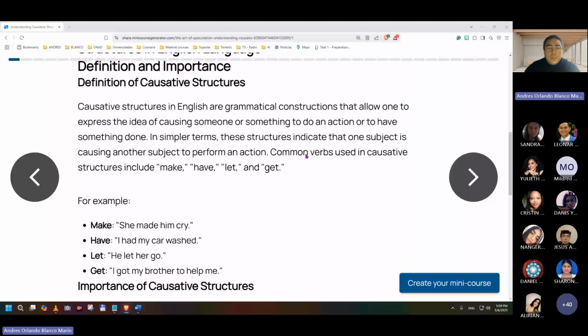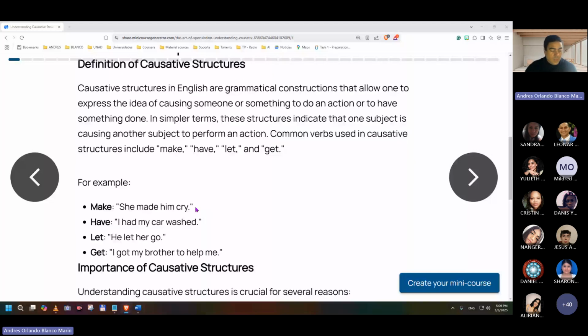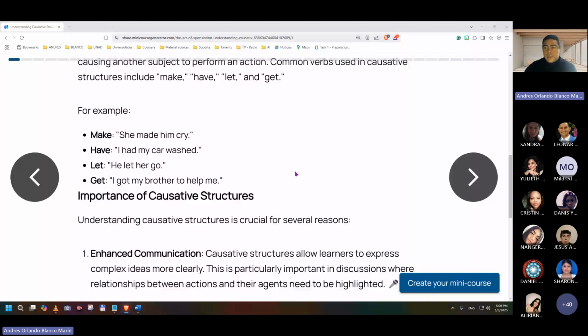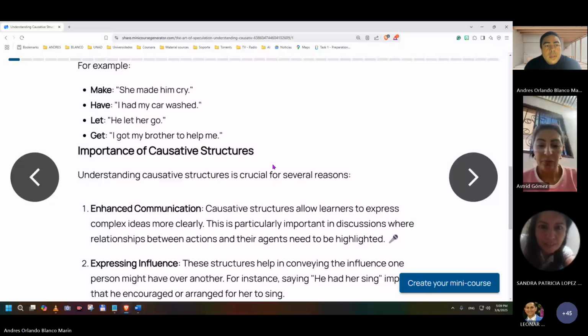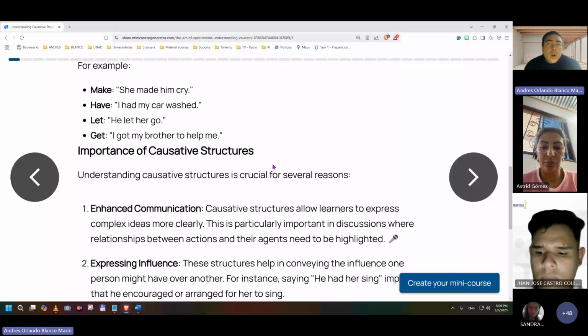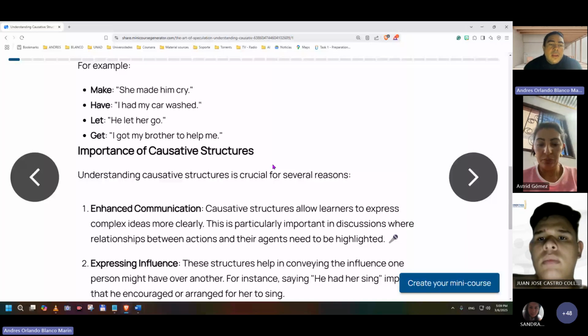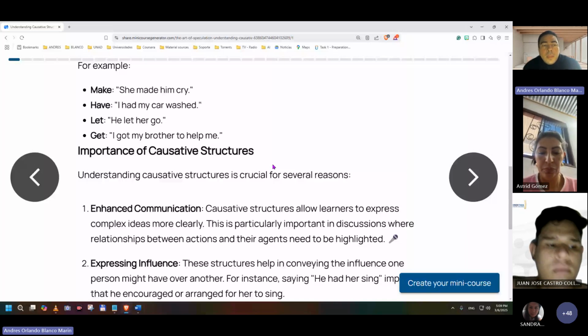Here are some examples. Let me make it bigger for you. Make. She made him cry. Have. I had my car washed. Let. He let her go. Get. I got my brother to help me.